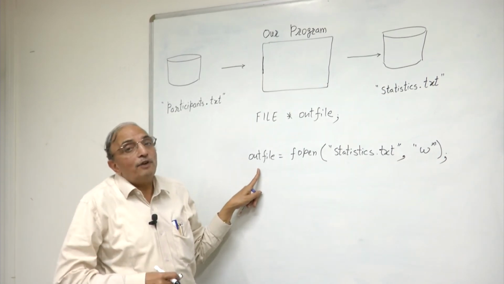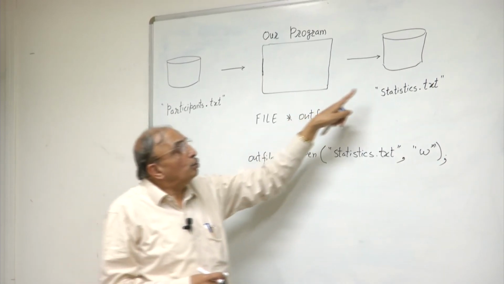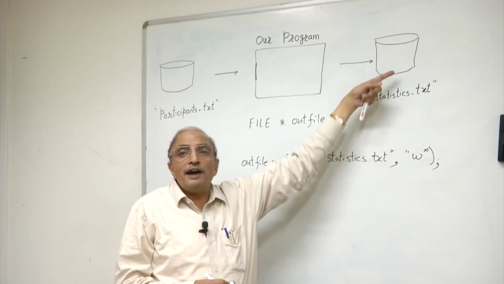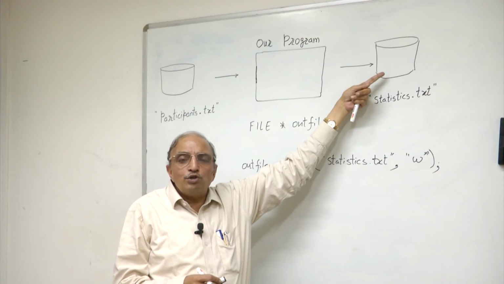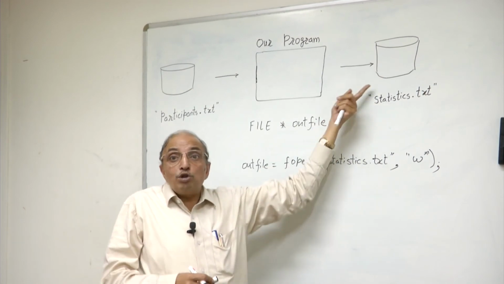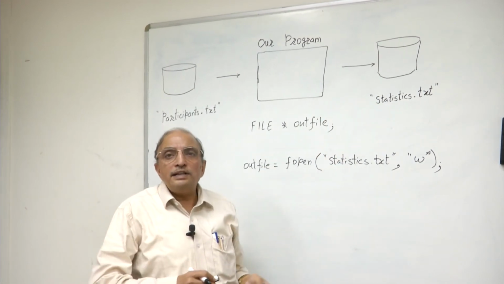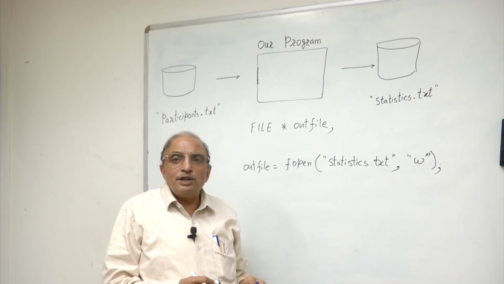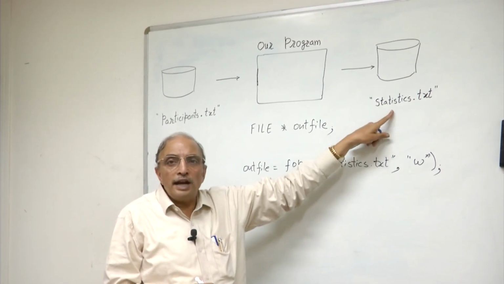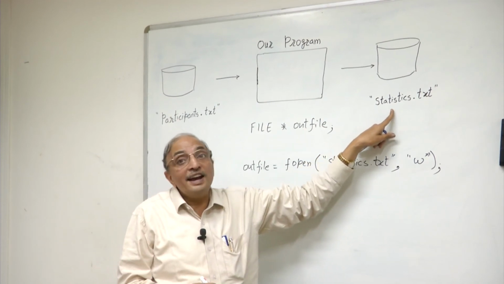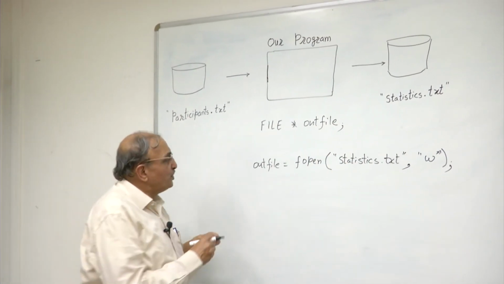But it is possible, for example, that you do not have permission to open such a file in the subdirectory in which your current execution is going on, or there may be no space on the disk. For any reason, if the operating system is not able to open this file, that means it is not able to create this file, it will return again a null pointer which you can check.